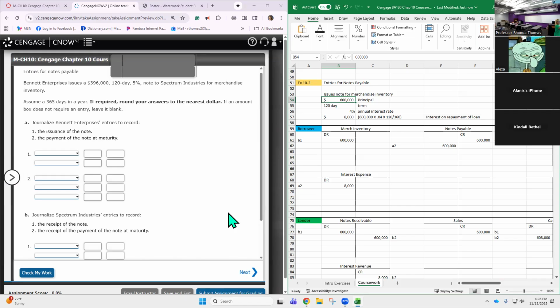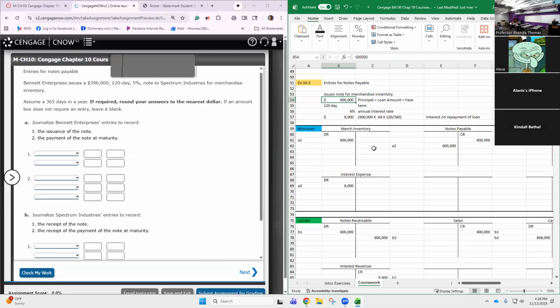So the principal, which is also known as the face of the note. The face of the note is how much money was borrowed, right? So the word principal equals the loan amount, and sometimes it's called the face. Okay, it's good to get to know those terms.